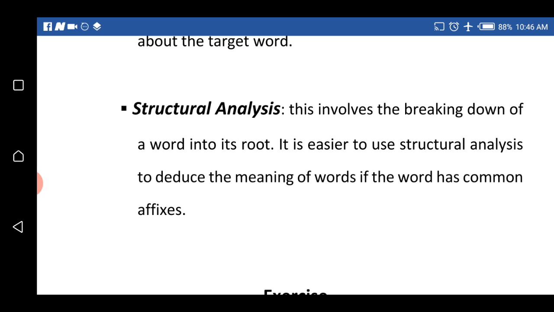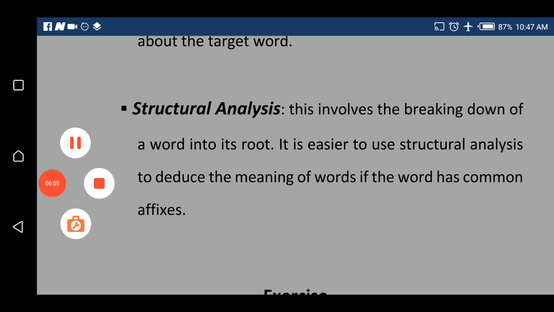So commune, the meaning could then flash to you that this has to be a group of people. It has to mean a group of people living together also. So it means that these two words belong to the same family, community. So you've done the structural analysis in this respect.